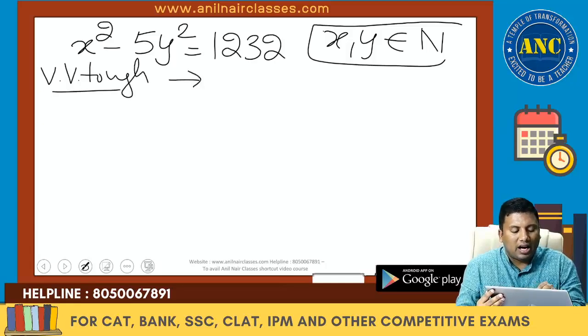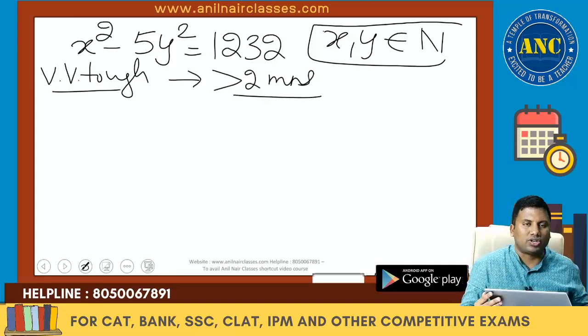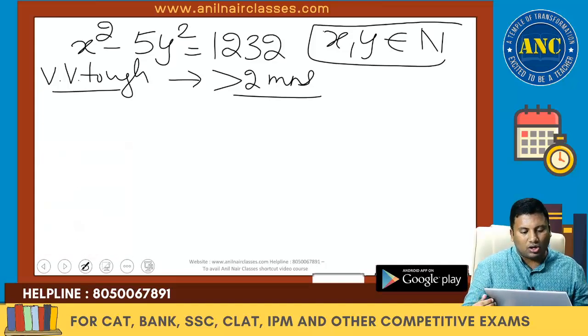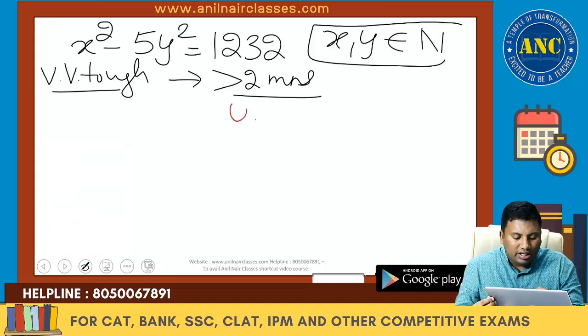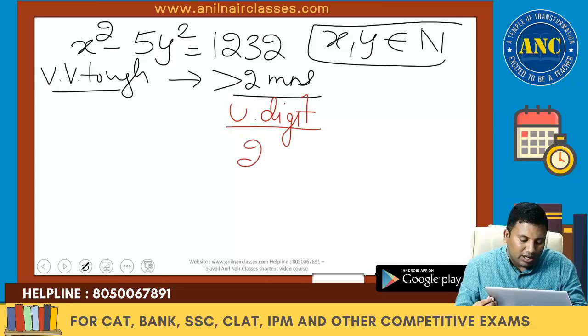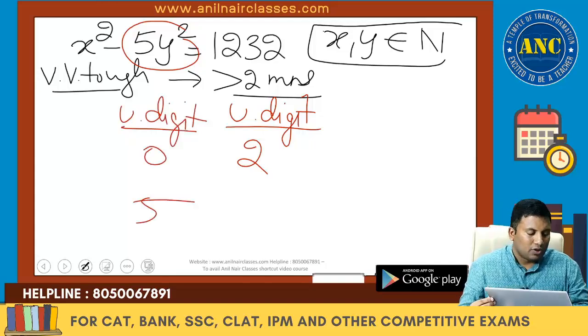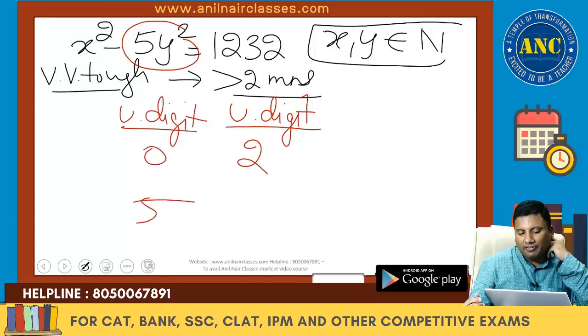If you go by the algebra logic, it will take greater than 2 minutes to solve this question. But see the logic. X square minus 5y square is 1232. How am I going to solve the question? The unit digit of this number is 2. Any number multiplied by 5 has unit digit 0 or 5.